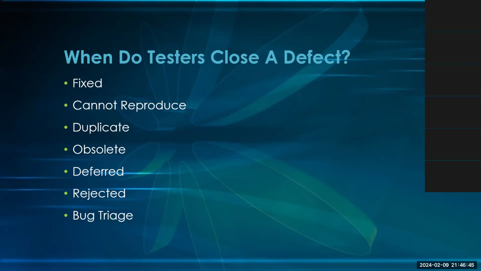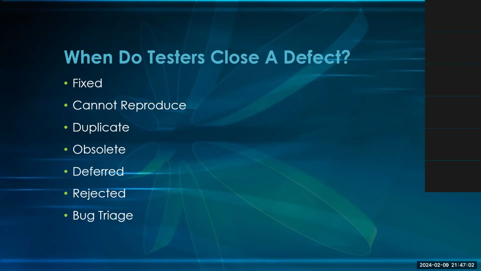Then deferred, I just talked about that as well, and then rejected. Then we talk about bug triage. I don't know if any of you have heard of the word bug triage.